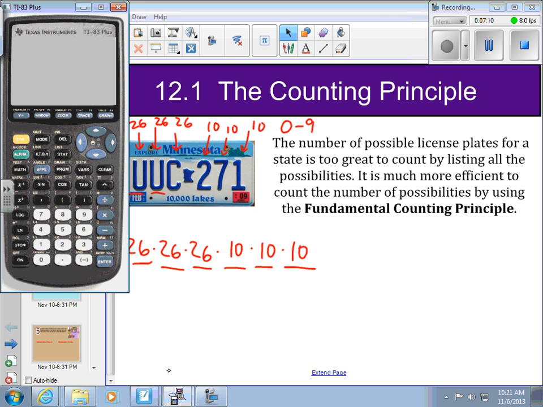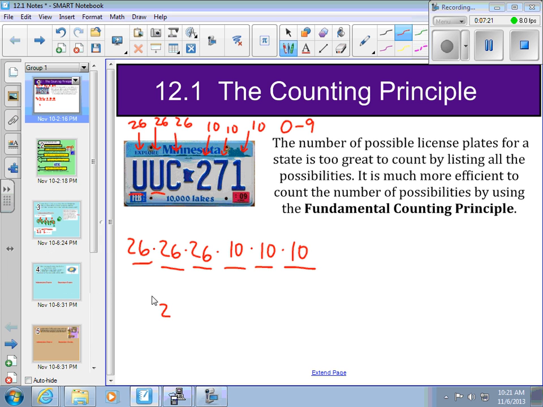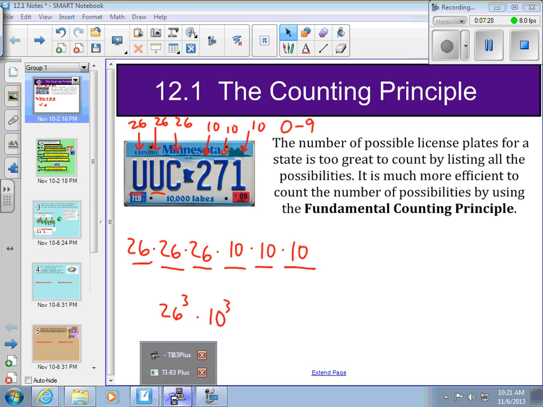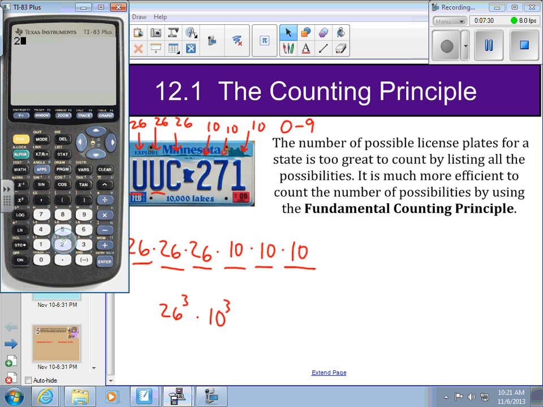So this is where you'd want to use a calculator to help you. Another way of writing 26 times 26 times 26, if we're multiplying it 3 times, we could also write this as 26 to the third power times 10 to the third power, because repeated multiplication you can write with exponents. So let's see what the total amount would be. 26 to the third power multiplied by 10 to the third power.